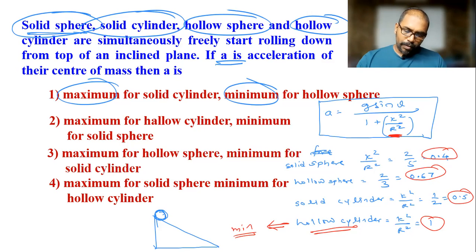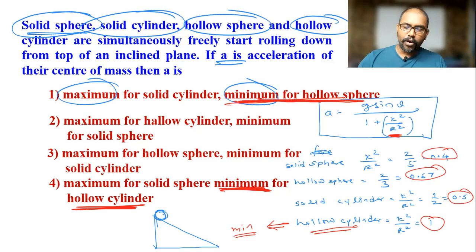Now minimum for hollow cylinder, in how many options is it written? In option number 1 it is written minimum for hollow, sorry, sphere. So we have to decide which option has minimum for hollow cylinder. You can check option 4. It is the only option where it is written minimum for hollow cylinder and maximum for solid sphere.